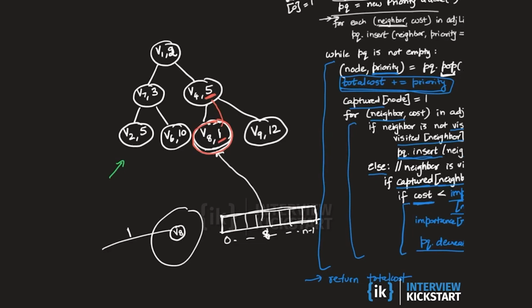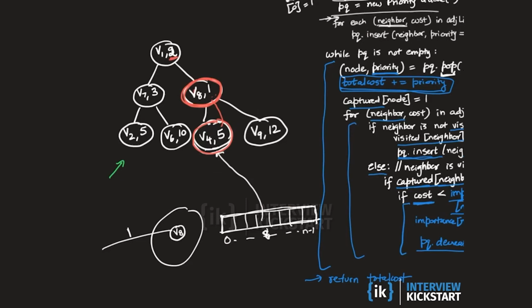So let me do that. I'm going to erase v8 comma 1 from here and v4 comma 5 from here, and I'm going to write v8 comma 1 here and v4 comma 5 here. So we have swapped the two nodes, and now v8 comma 1 has risen to this location. Now we again compare it with its parent. We see that the priority value of its parent, which is 2, is still more than 1, and so we have to repeat this process.